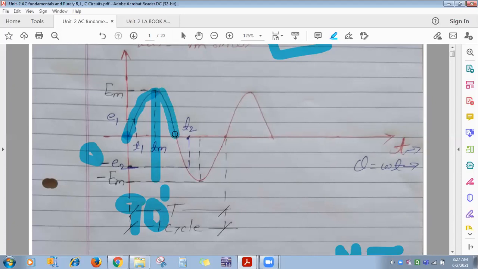So the EMF induced in the coil will go on decreasing. At 180 degree, again both the planes, the magnetic field and the plane of the coil, are parallel to each other, so again at 180 degree no EMF will get induced in the coil. So this is about the positive half cycle.